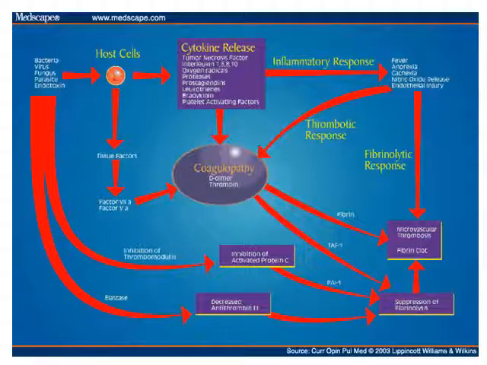So here's that cytokine release, where on the left side you see the initial infectious insult, and then you see what happens there. That's when all those chemicals are released. You see the cytokine storm, or the cytokine release, which causes the increase in oxygen radicals. You see the inflammatory response, where you get the fevers, the nausea and vomiting, the lethargy.